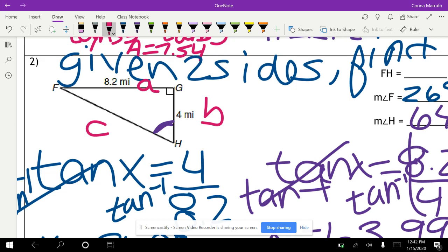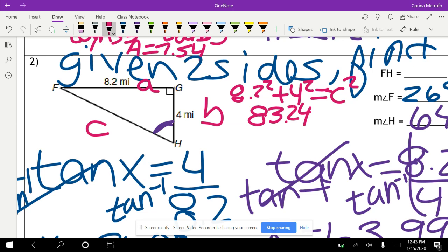We have 8.2 squared plus 4 squared equals, and then C, we don't know the hypotenuse, so I'm just going to leave it as C squared. So first we put 8.2 squared plus 4 squared in our calculator, and that gives us 83.24, and this is equal to C squared.